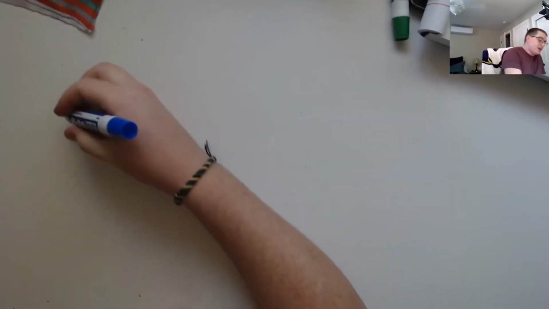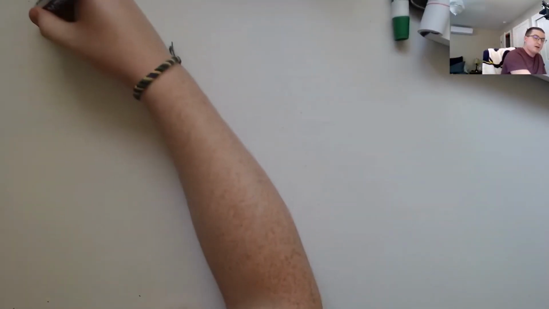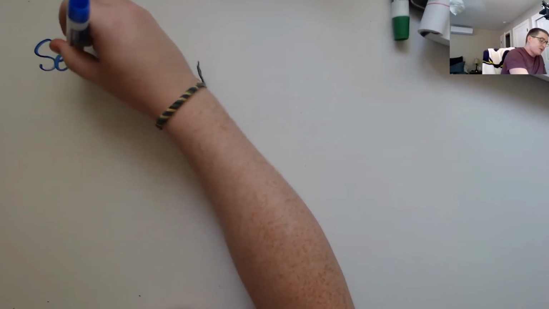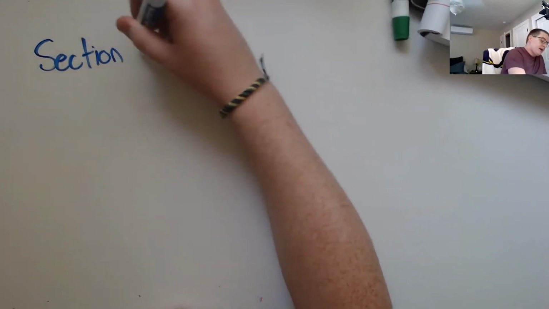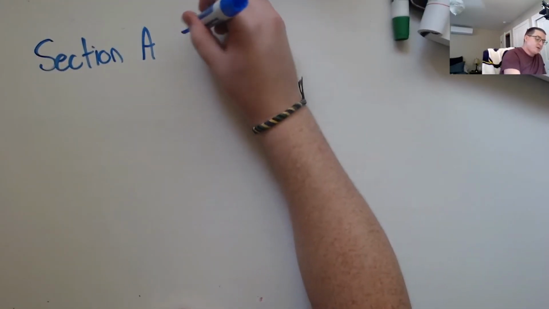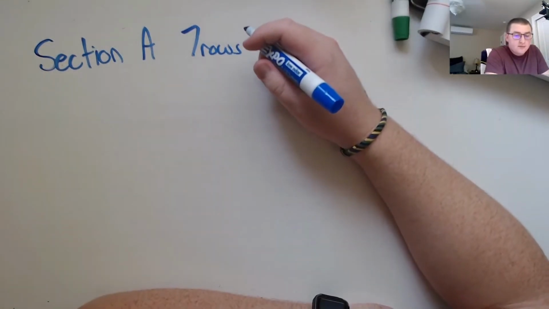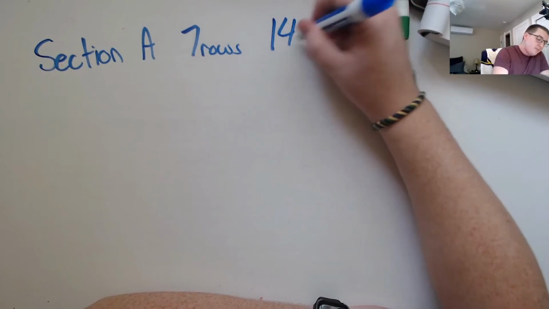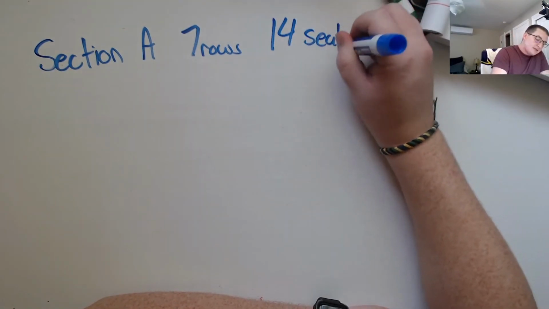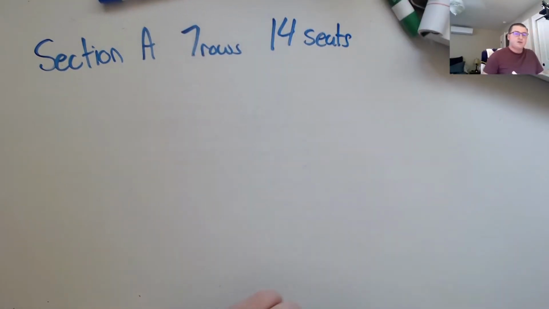So we have section A. Let's come up to the top so I have the space at the bottom this time. We have section A, and we're going to do 7 rows at, how many seats was it? 14. 14 seats. We're going to do section B.